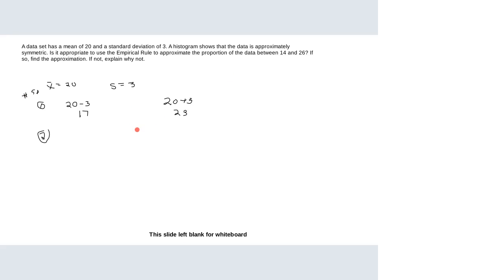All right, so now we got 2 times 3 is equal to 6. The standard deviation is 3. So then that's 20 minus 6.